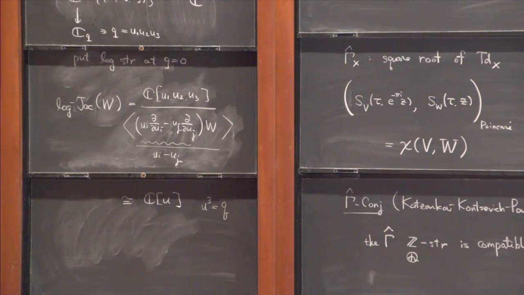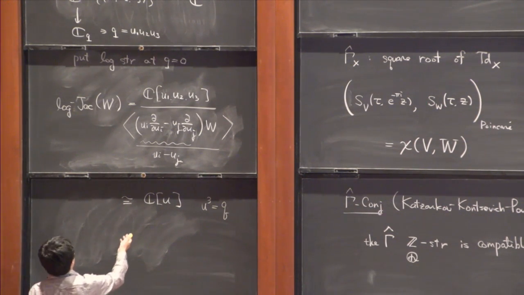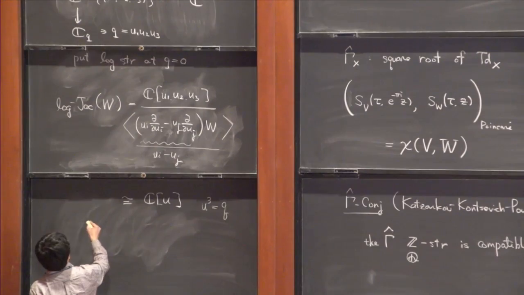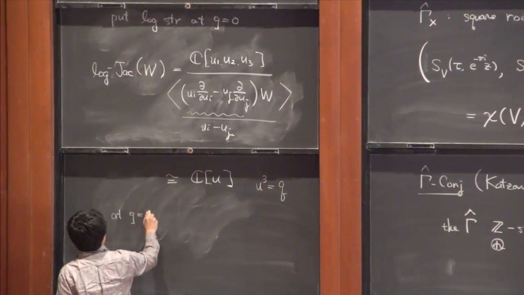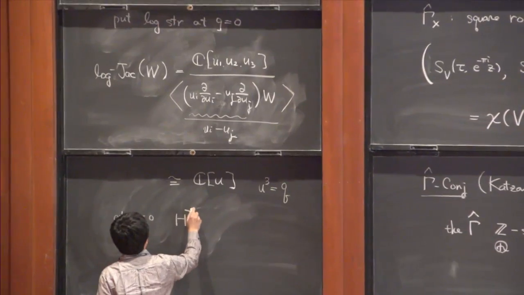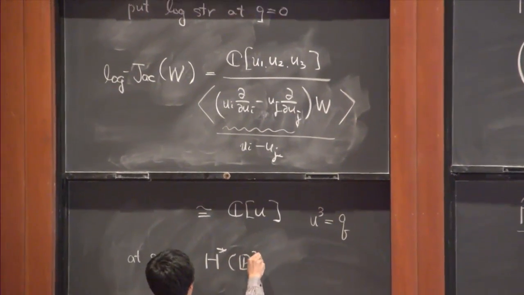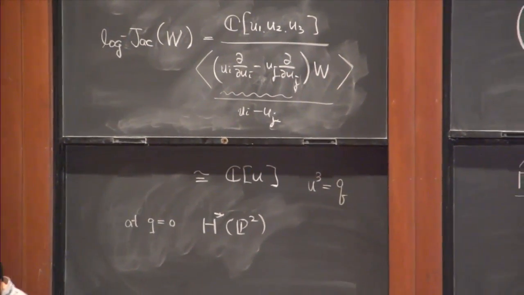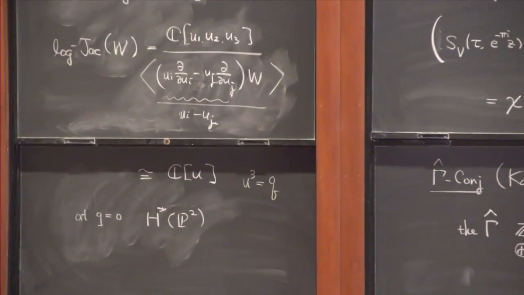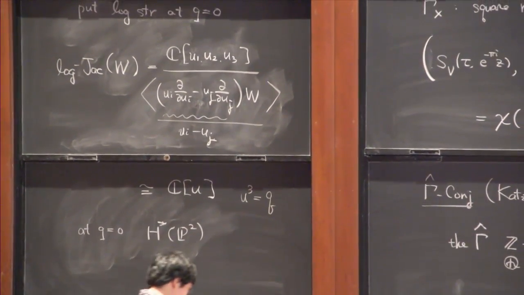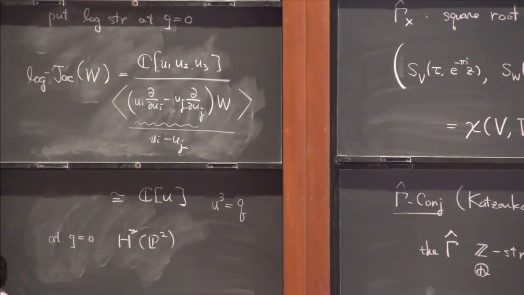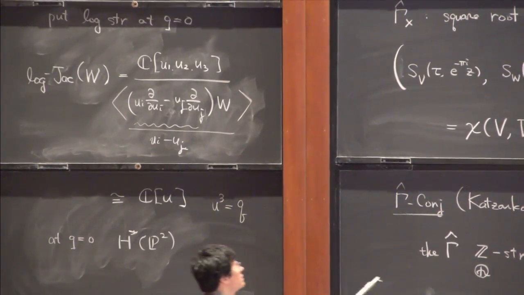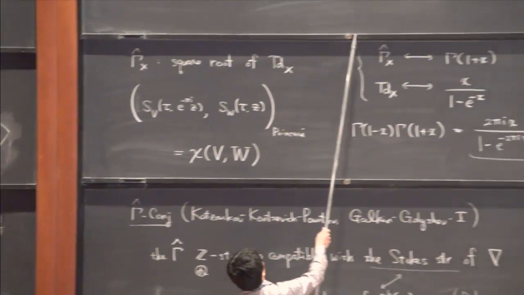Therefore this is a flat ring at q equals 0, and at q equals 0 you just get the usual cohomology of P2. This is quite simple, but maybe it is the main technical point in this talk.